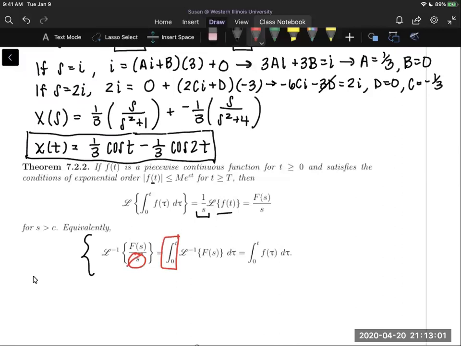And remember, you're integrating with respect to tau. So then the inverse transform becomes little f of tau d tau. This seems a little bit clunky, but we'll see where this is actually going to save us a great deal of time in simplifying in these next examples.